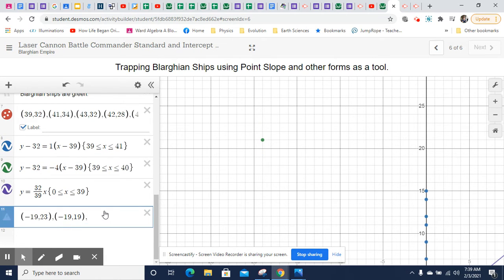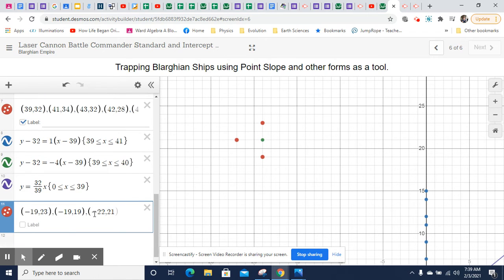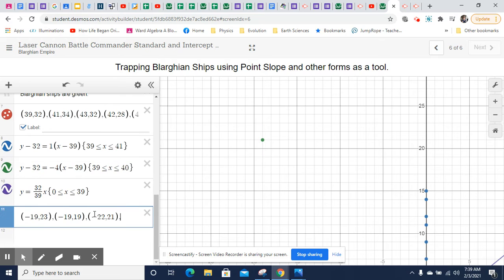And now we need to put some points maybe out here. If this is negative 19, then here is going to be negative 20, negative 21, negative 22. And I'll make that one at (-22, 21).